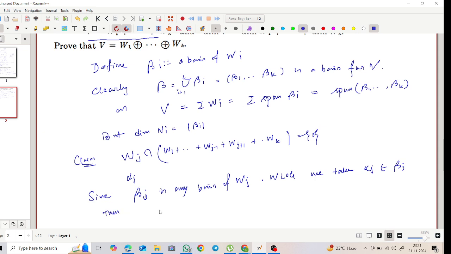Then alpha j belongs to span of beta 1 up to beta j minus 1, beta j plus 1 to beta k, right?